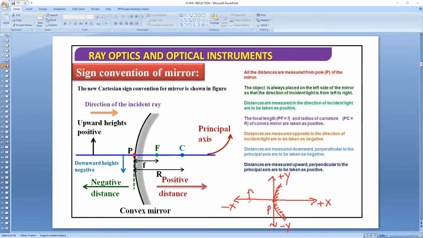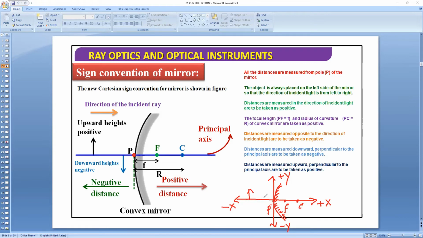Now, the focal length, say an example here, this is F. The focal length PF, the distance between the focus point and the pole, is called the focal length. And the radius of curvature, let's say that is BC, are taken as positive. Distances measured in the opposite direction of the incident light are taken to be negative.